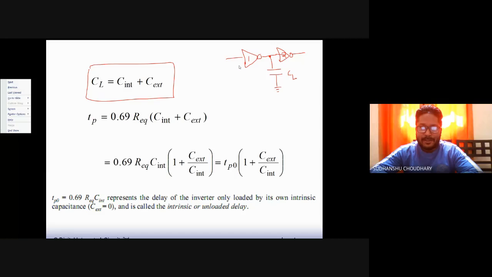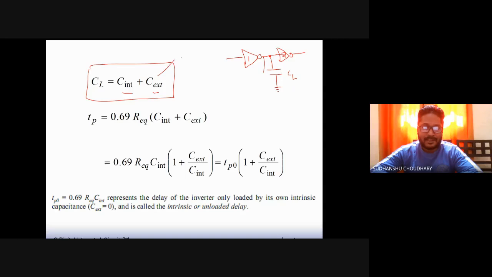Now the intrinsic capacitance also appears here itself. So the total CL is C intrinsic plus C extrinsic. C intrinsic is the contribution from the drain diffusion capacitance of the NMOS and PMOS of inverter number 1. And there is a contribution from the capacitance of the wire plus the capacitance of the gates of inverter number 2, which we call C extrinsic.